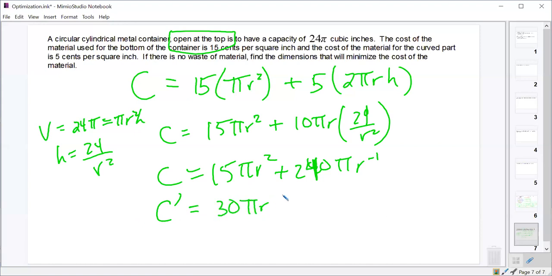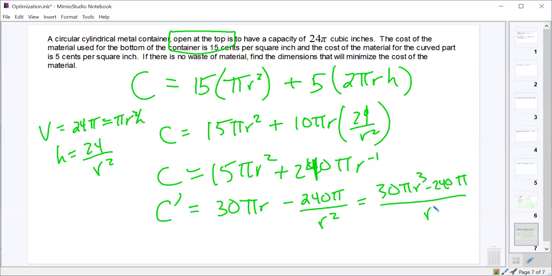Hopefully, we'll take our derivative. C prime equals 30 pi r minus 240 pi r to the negative 2, or over r squared. We'll get a common denominator, so that'll be 30 pi r cubed minus 240 pi all over r squared.